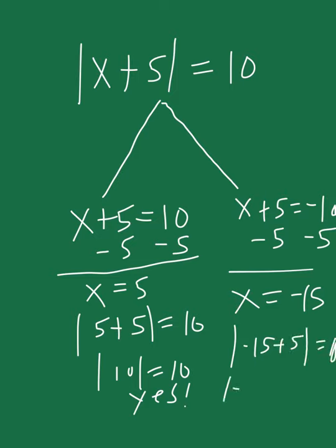Does the absolute value of negative 10 equal 10? The answer is yes. So the two solutions. And remember, most absolute value equations have two solutions. One solution is 5, and the other solution is negative 15.